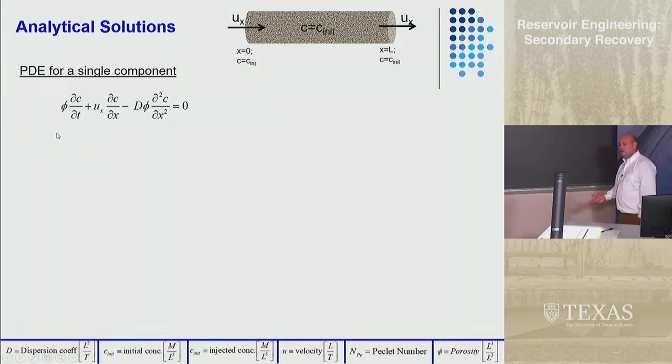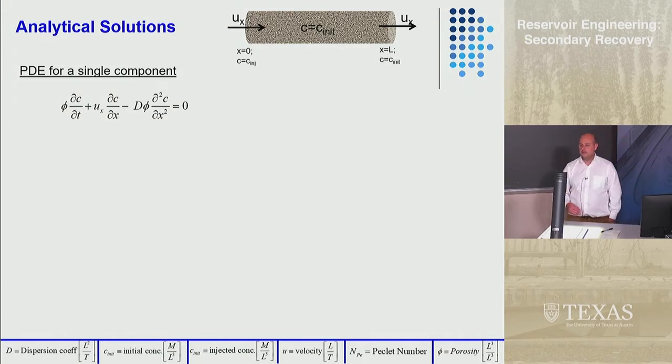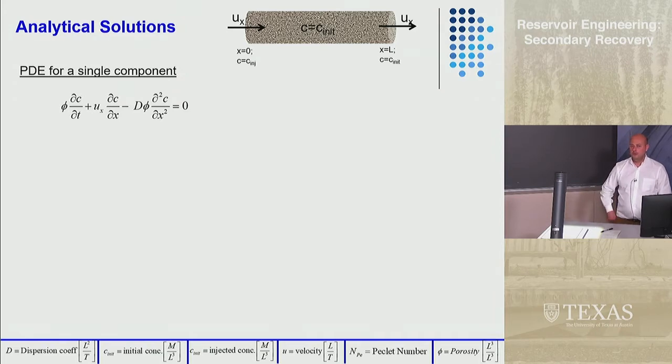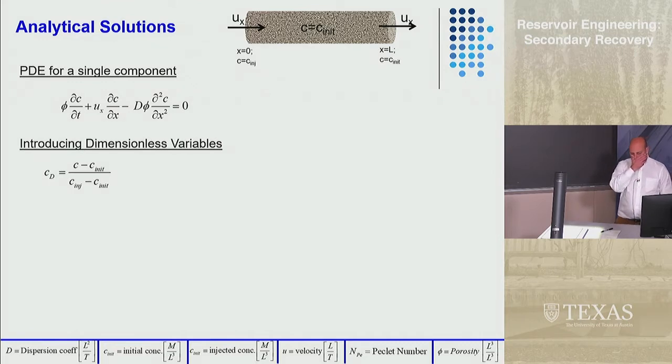Now, it doesn't look particularly simple, but it doesn't look all that bad either. It's not all that much more ugly than maybe a differential equation you saw in your differential equations class. Although most of the differential equations were probably ordinary differential equations. One thing we often do is we like to non-dimensionalize it.